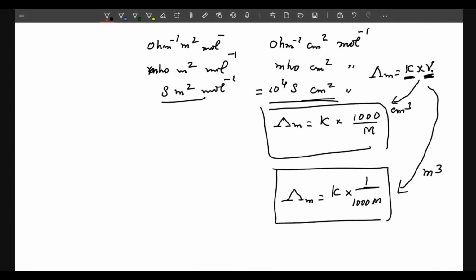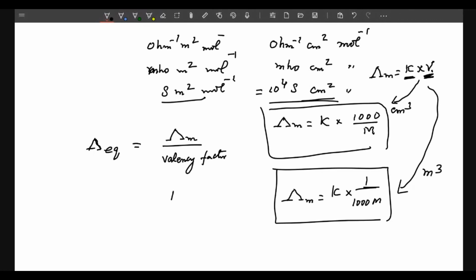The last relationship is between lambda equivalent and the molar conductance, which is given by, as we have already seen, the valency factor. Sir, how to determine this valency factor of an ion?